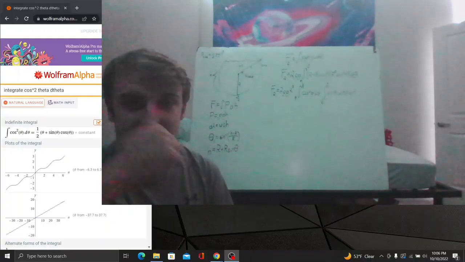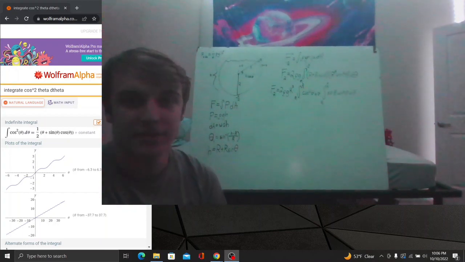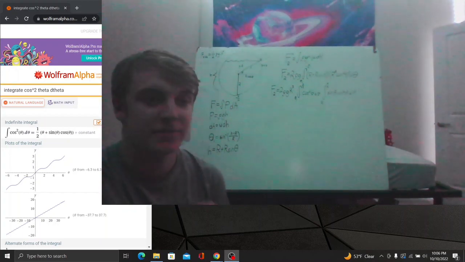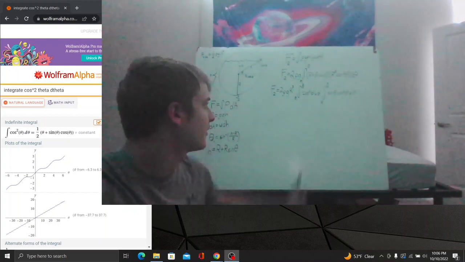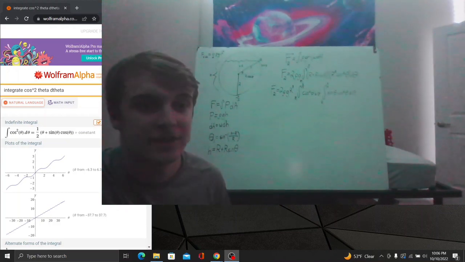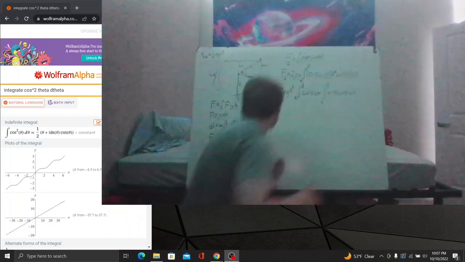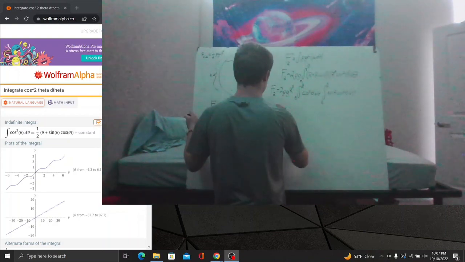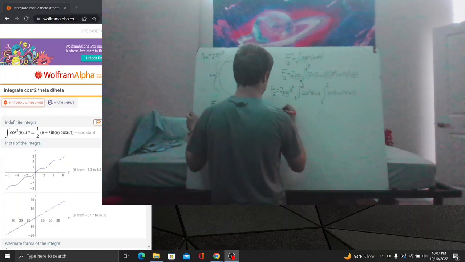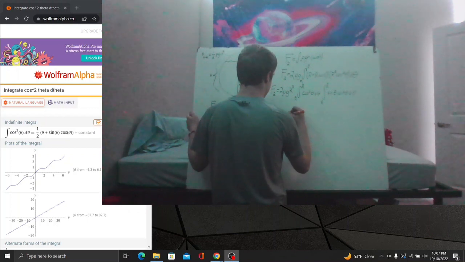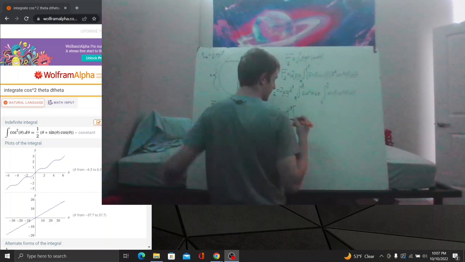So now we will be using Wolfram Alpha to solve these integrals. I've already inputted the first one here, cosine squared theta d theta. So I'm going to start by writing that down. Our F2 will equal, again, our constants staying the same. Now it's going to be a pretty large equation here.